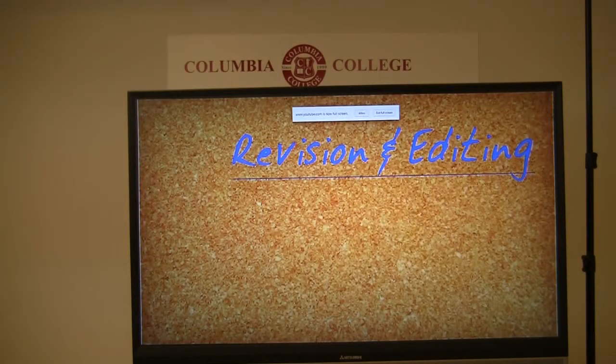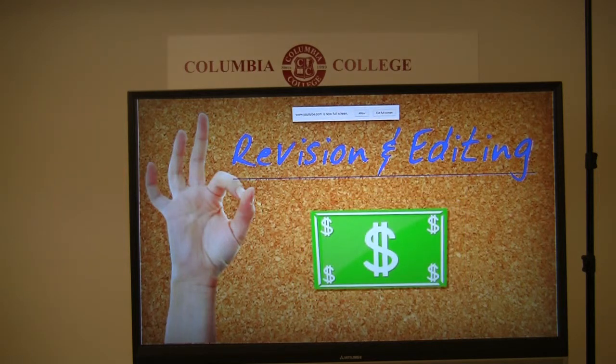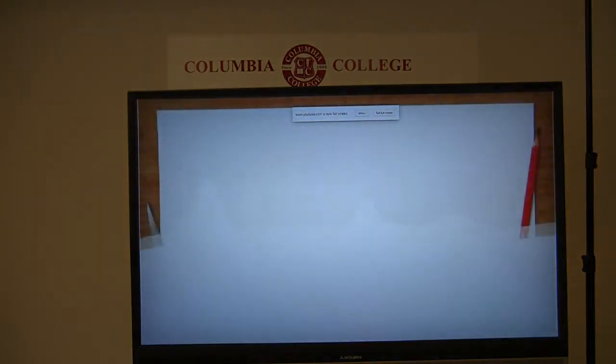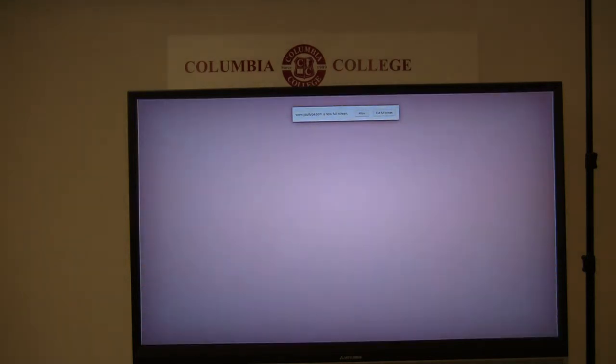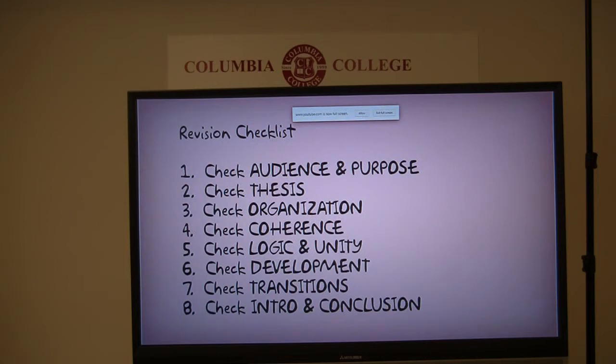It has been said that the revision and editing stages are where your paper earns its value. Once you have a rough draft, you can review your paper from the perspective of the reader instead of the writer. This is also the place where you can code switch your language from a conversational voice to an academic one. When you look at issues that affect the whole paper, you are revising. When you make corrections at the sentence level, you are editing. As you read through this revision checklist, you will notice that the topics relate to your paper as a whole. These kinds of changes to your writing are the most difficult and will require a degree of effort and time. Make these changes first before making grammar corrections.